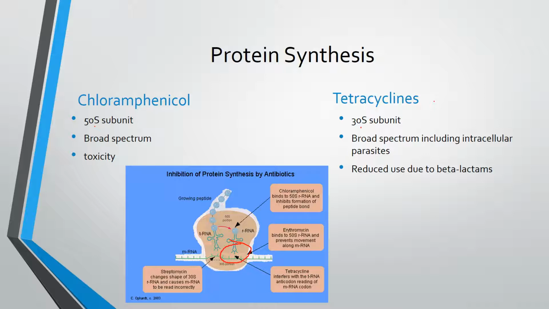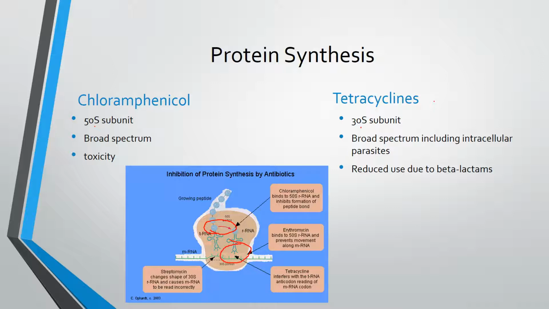It binds to the subunit and it prevents the formation of any peptide bond. You can kind of see that here in this part of the diagram. So no peptide bond is formed. The ribosome could bind transfer RNA, but it can't add any amino acids to the next growing chain. So, well, that's a bummer.